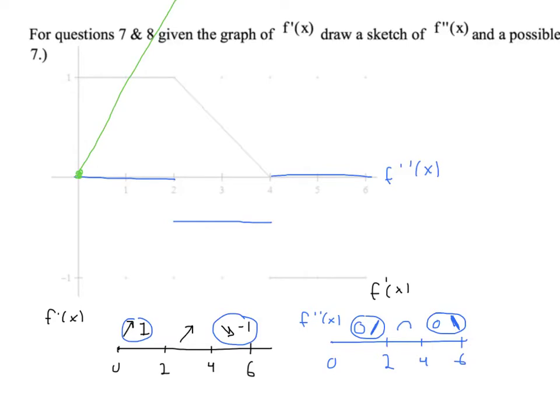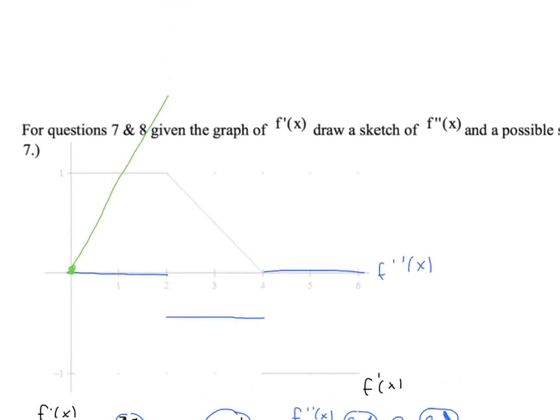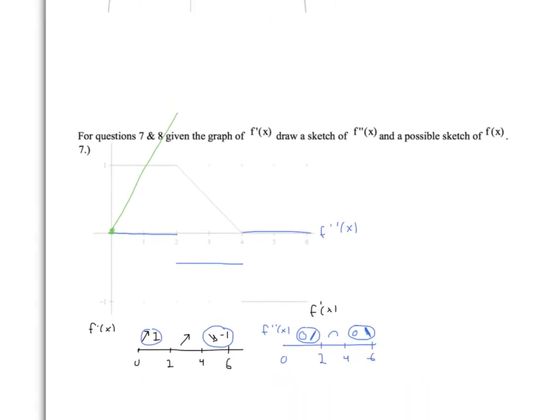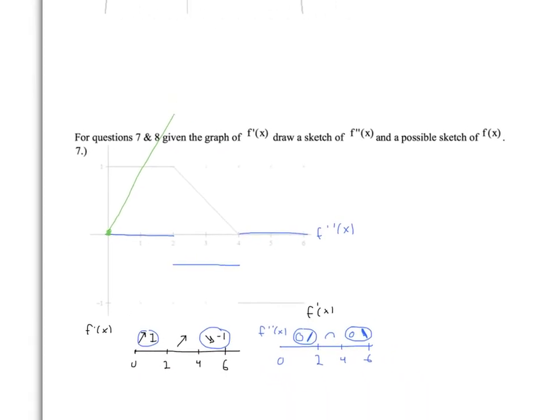I should have given you guys more space to do that. Then it's concave down, but with a positive slope, so something that is concave down with a positive slope looks like this. These connect right here. And then a slope of negative 1, so just this straight line there.